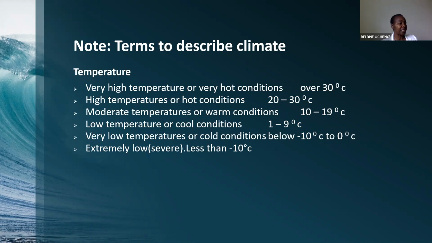So it's even better you go for the descriptive term alone minus the figures. You'll get it. So take great care. They are in your book too, and in your notes, those descriptive terms. So take great care.